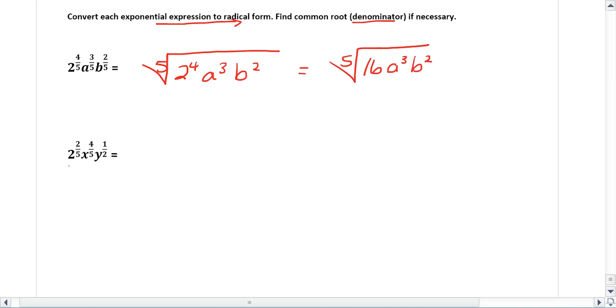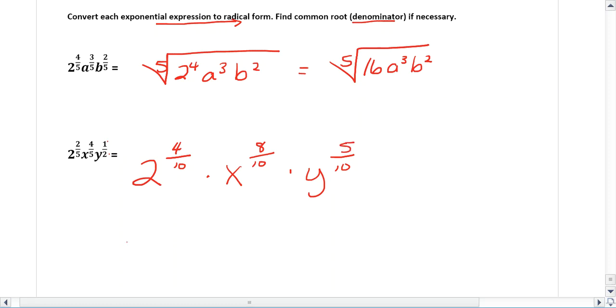In this second example, we do not have common denominators, so we need to change these. The common denominator between 5 and 2 is 10. So I rewrote my terms, getting ready for a common denominator. 5 times 2 is 10, 2 times 2 is 4. 5 times 2 is 10, 4 times 2 is 8. And then these are both times 5 times 5.